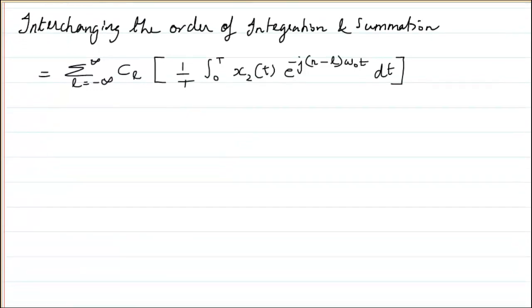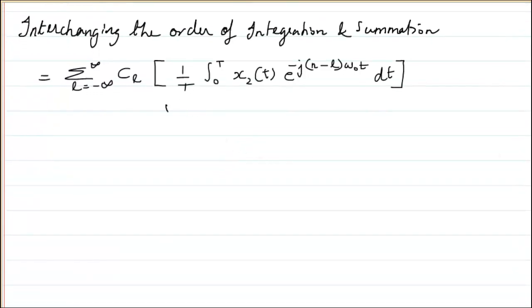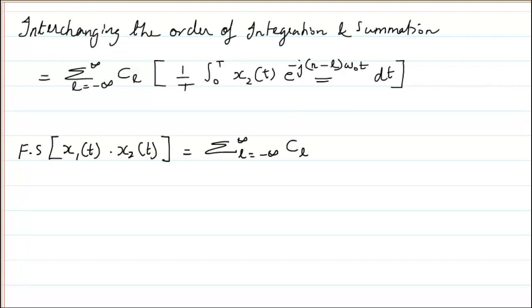I will get this. Then from here, if you look, this is the equation of the Fourier series of x2 of t, which we already know is Dn, but here since the variable is not n but n minus L, I will write this as D of n minus L. So this much portion that is there, I can write as D of n minus L. So I will write the Fourier series of x1 of t into x2 of t is equal to, so this much portion I have written.